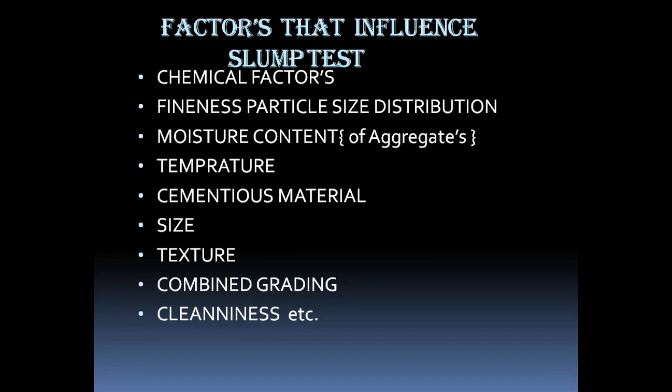So does the stone grit. Even the texture of the grade makes a difference. Then the combining of the grade, how we mix it up, how much mixing has been done properly, is quite an important factor. If you've not seen it, you can go back to the previous video on workability, where I've shown you the procedure of mixing, both dry and wet mixing. Then the cleanliness, the water that should be used should be clean.